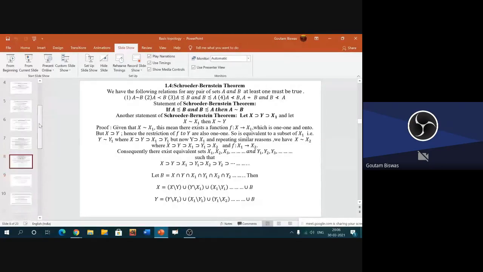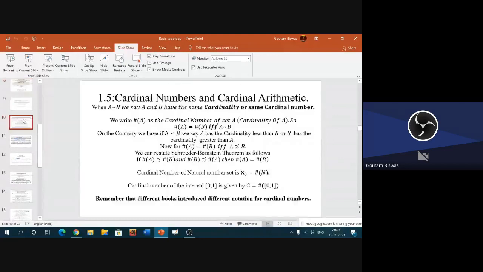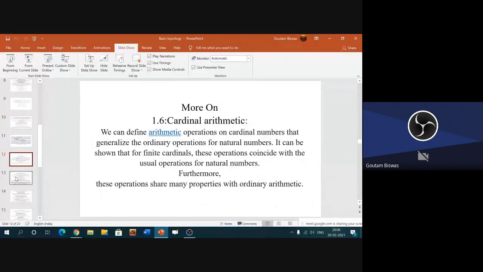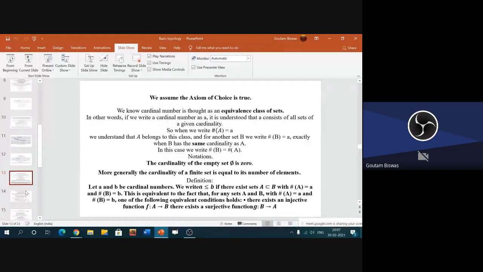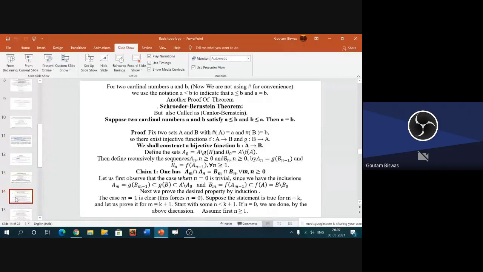Today I want to start cardinal numbers and cardinal arithmetic. After defining these cardinal numbers and cardinal arithmetic, I will show you, with the help of these cardinal numbers, another proof of the Schroeder-Bernstein theorem.